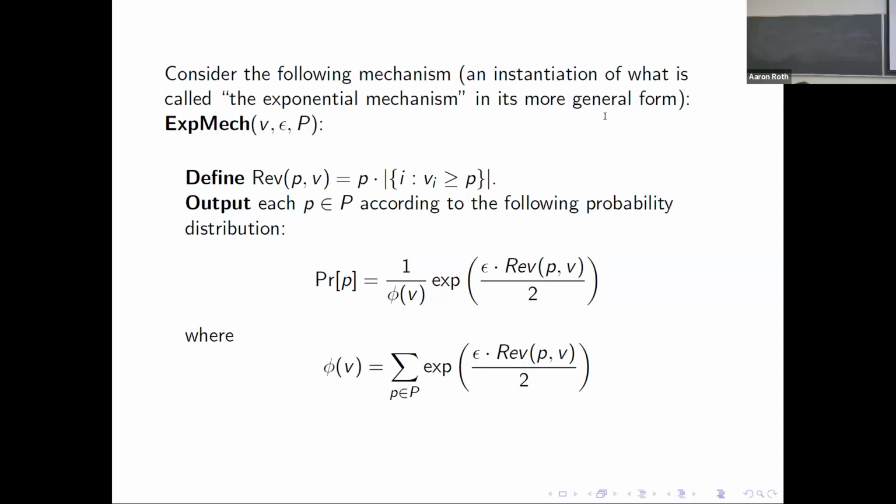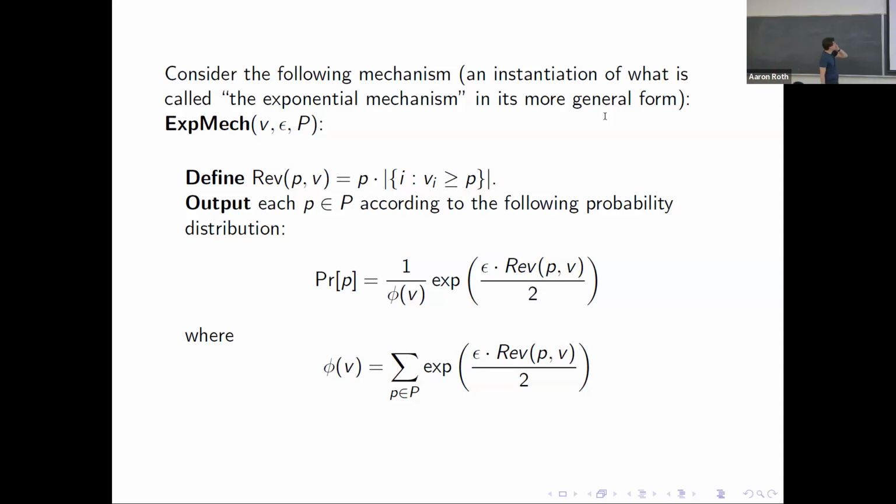There's going to be some trade-off of the sort that we've had in previous lectures, where we're going to have a theorem that says we get revenue that is competitive with the best price in this set P, up to some loss that depends somehow on the size of P, and we'll have to deal with that at the end. But for some price P and for some vector of bids V, we can just figure out how much money we would make at that price given these bids.